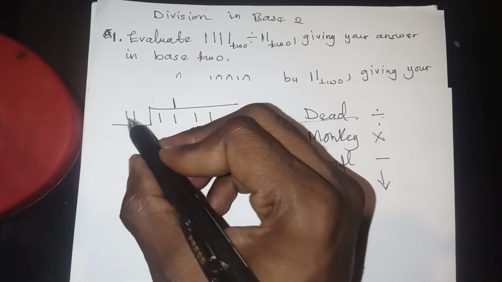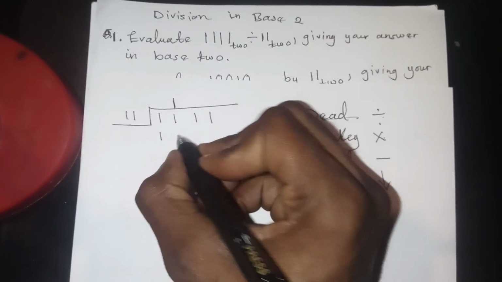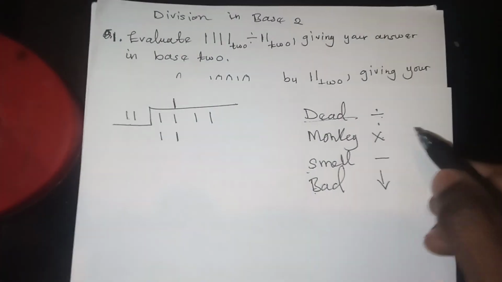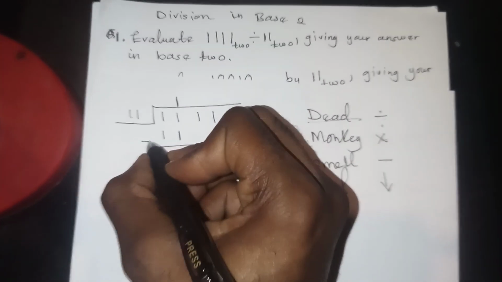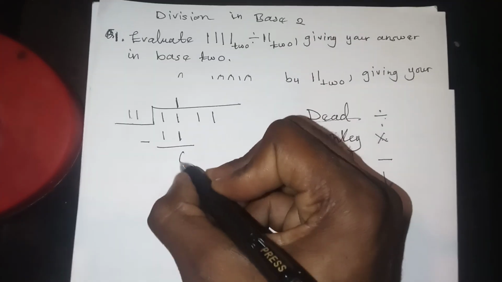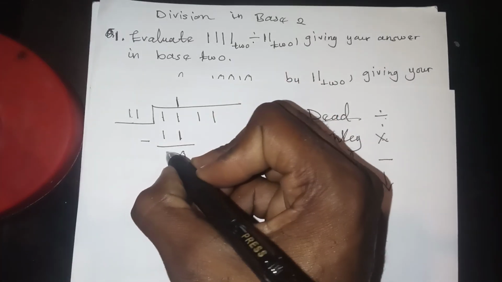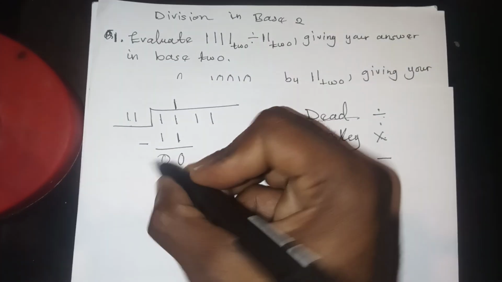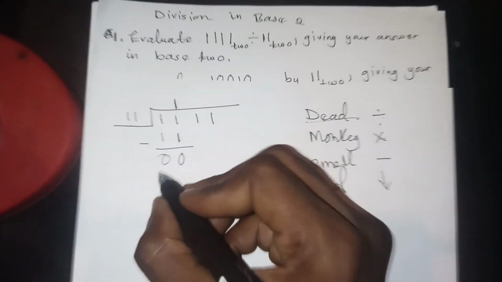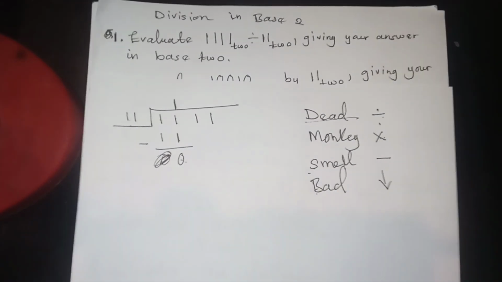So 1 multiplied by this is an 11. And then after multiplication, you have subtraction. So you subtract this minus this, you have a 0. This minus this, you have another 0, but it's pointless to write two zeros like this. So let's just leave it like so.